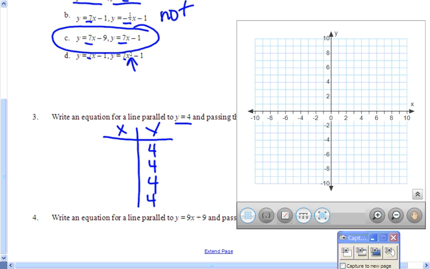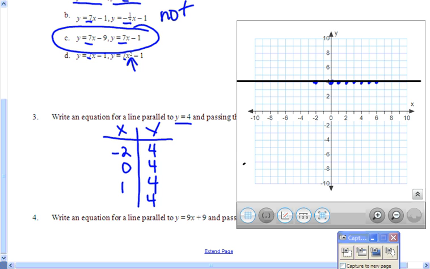So we can think of any number we want, like if x is negative 2, y is 4. If x is 0, y is 4. If x is 1, y is 4. And if I plot all those dots, like negative 2, 4, 0, 4, 1, 4, you can see what's happening here. They all line up along this line. So the line y equals 4 is that line.